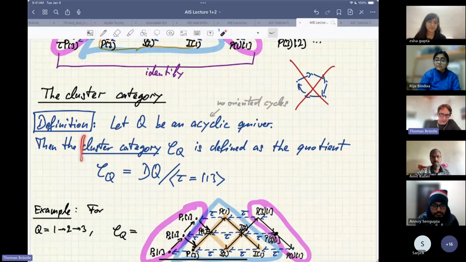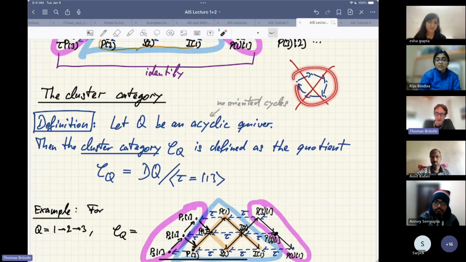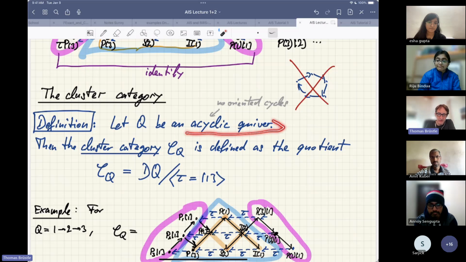The definition of a cluster category can be given for any quiver that has no oriented cycles. If I have an oriented cycle, then the path algebra would be infinite dimensional. We don't do that. But if I have a quiver without oriented cycles, I can define this cluster category, and this notion of cluster tilting works all fine in that generality. Here the quiver need not be a Dynkin quiver.